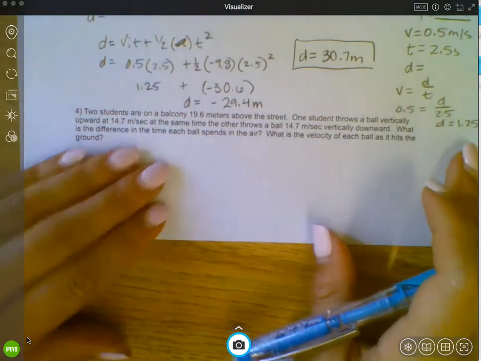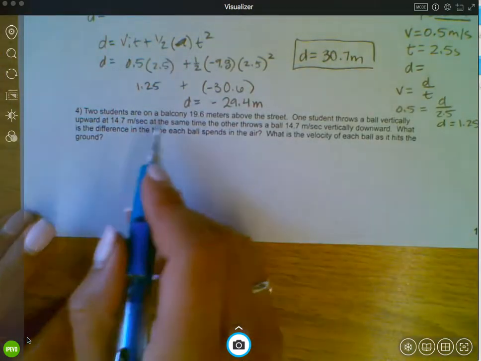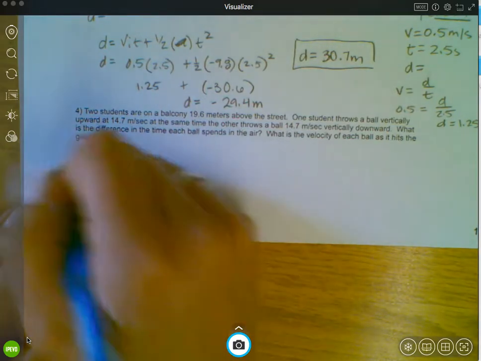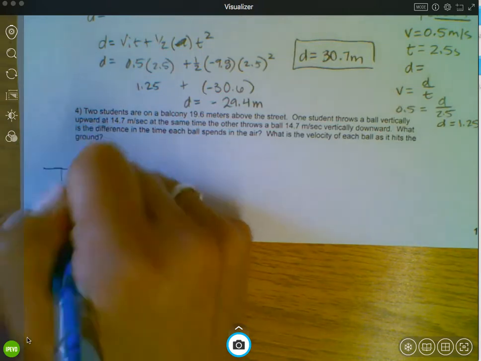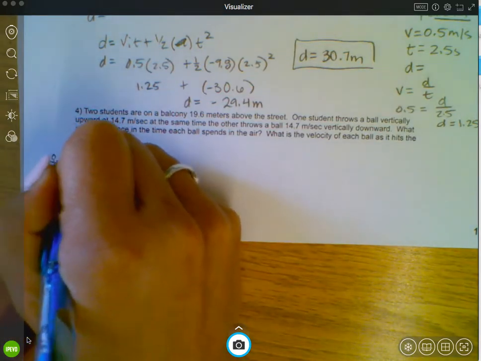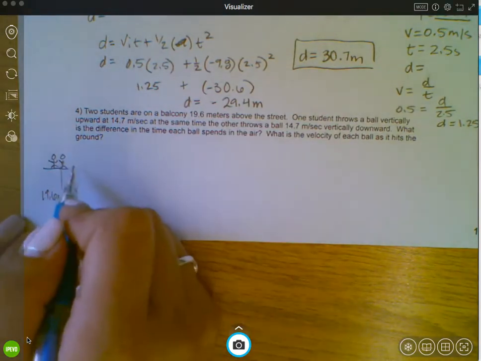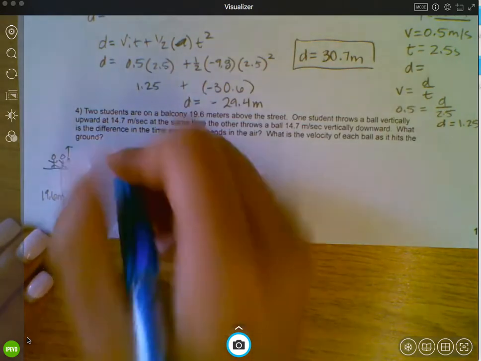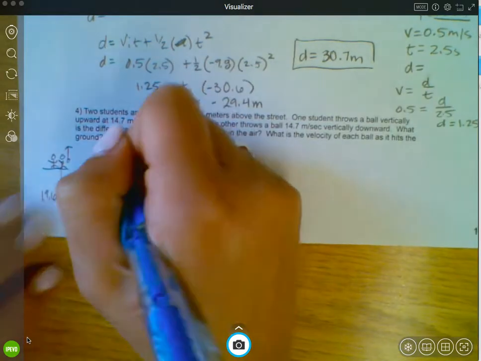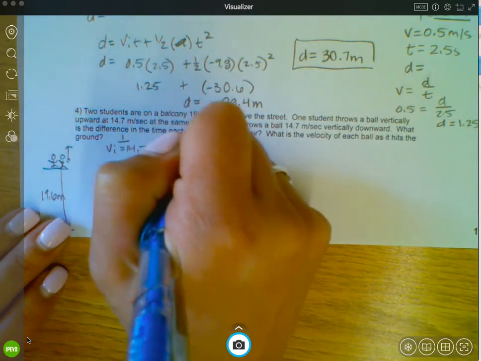All right, and lastly, two students are on a balcony 19.6 meters above the street. One student throws a ball vertically upward at, so let's just say ball 1, initial velocity is 14.7 meters per second.